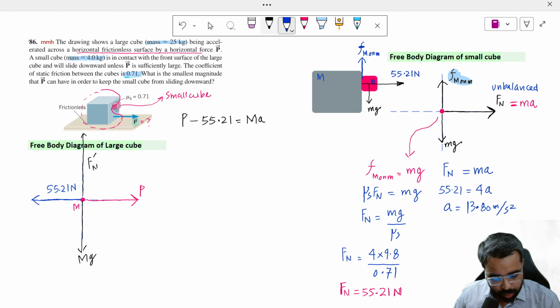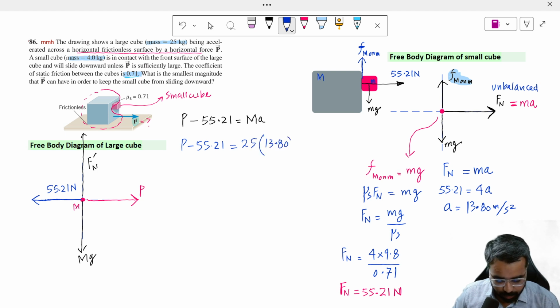Now we will plug the value here. P minus 55.21 is equal to the mass, which is 25 kilograms, times 13.80, and then you can take this to the other side of the equation.